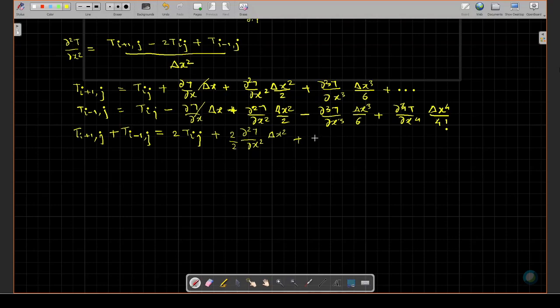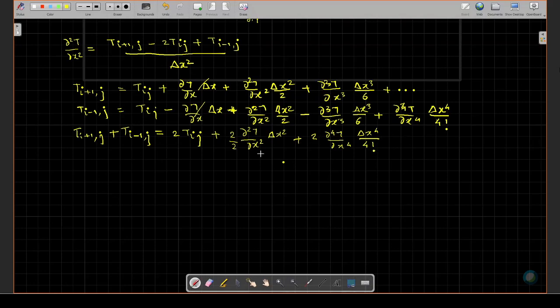any other term, that is twice del 4 t del x4 delta x4 divided by 4 factorial.